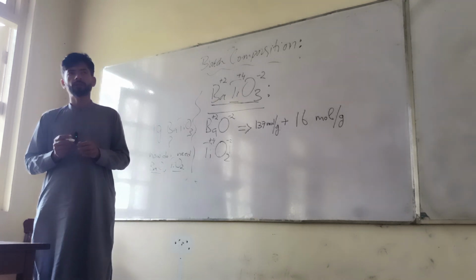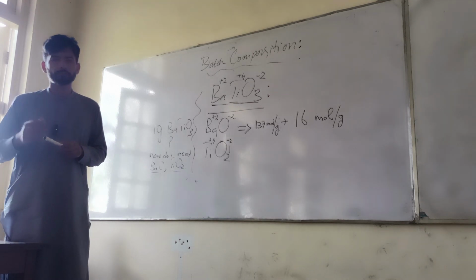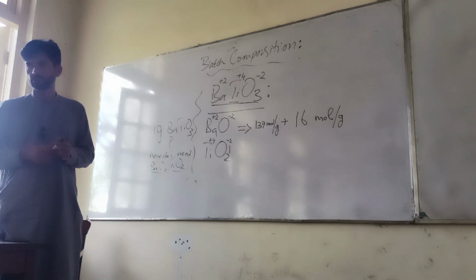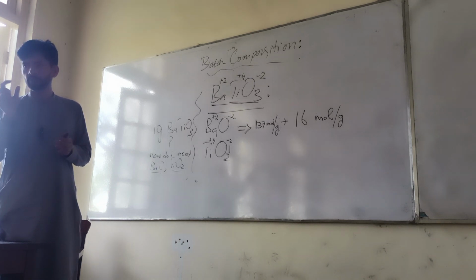Let me give you an example. For example, I am going to prepare 10 grams of rice. If the desired amount of salt for 1 gram of rice is, let's say, 0.1 gram, how much salt should be required for 10 grams?